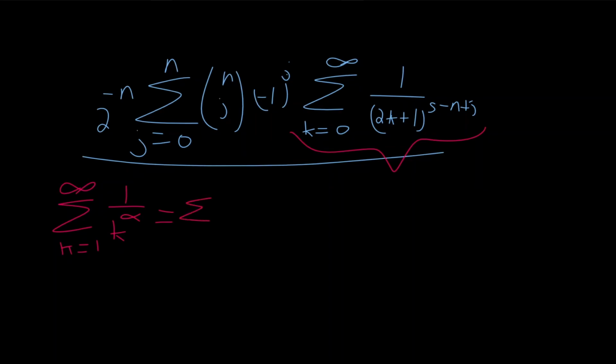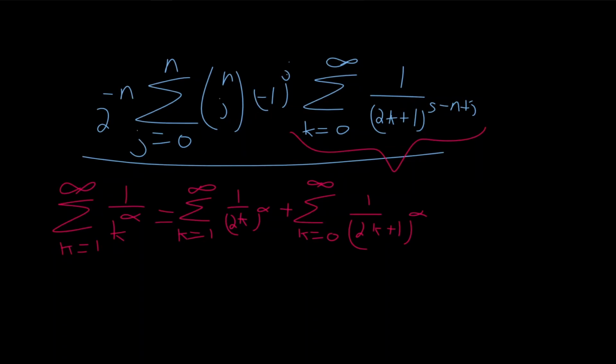So we can say this is the sum from k equals 1 to infinity of 1 over 2k all to the alpha, and then just plus the sum from k equals 0 to infinity of 1 over 2k plus 1 to the alpha. The reason why this sum is starting from 0 is that we do want to include 1 in the expression, right? So although it might not look awfully pretty, it does work.